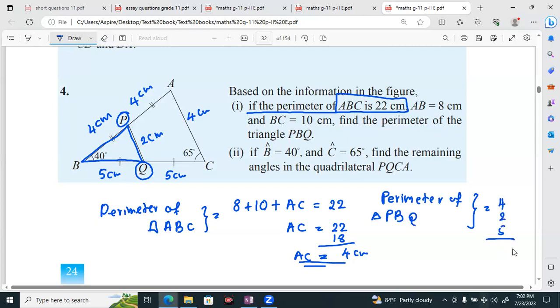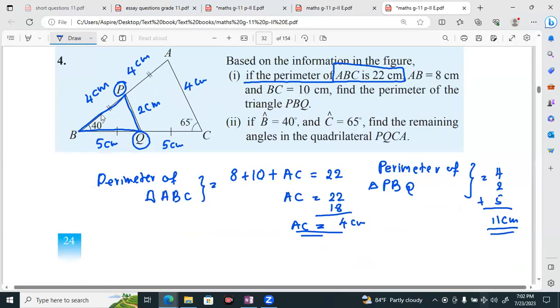The answer is 11 centimeters. Okay. Then we have to find, if B is equal to 40 degrees and C is equal to 65 degrees, the remaining angles in the quadrilateral PQCA.